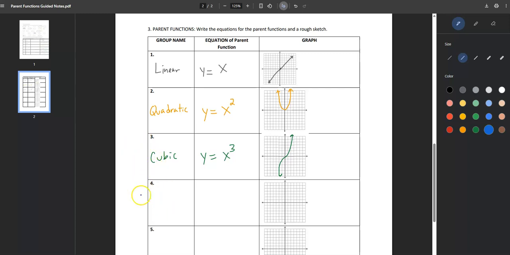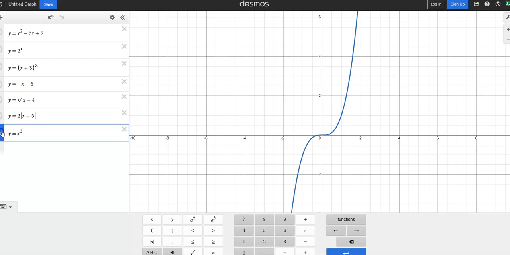Okay, next one we're going to use is what we call an exponential. And the equation for this is going to be y equals, again, some base number, b to the x. This b has to be a number that's not 1. So it can be 2 to the x, or 3 to the x, or 4 to the x, or 5 to the x, or any of that stuff. This one's shape is this one right up here, actually.